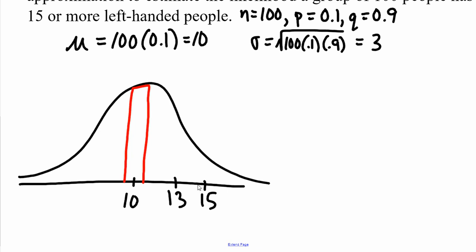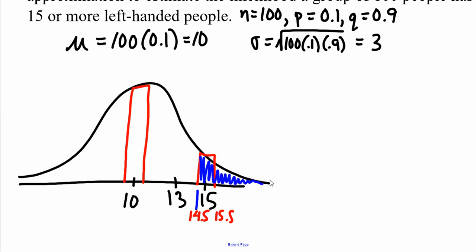I want 15 or more. Now, in order for me to capture all of 15, I need to notice that 15 is 1 wide. If it is 1 wide, it actually goes between 14.5 and 15.5. If I want to get 15 or more people, in terms of the normal, I need to get all of 15, which is going to be 14.5 or larger.